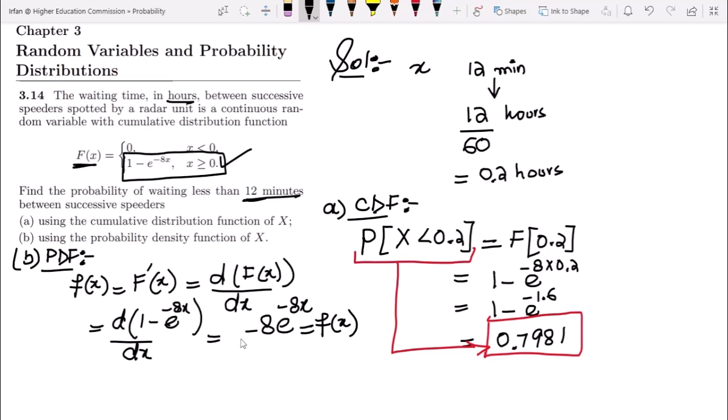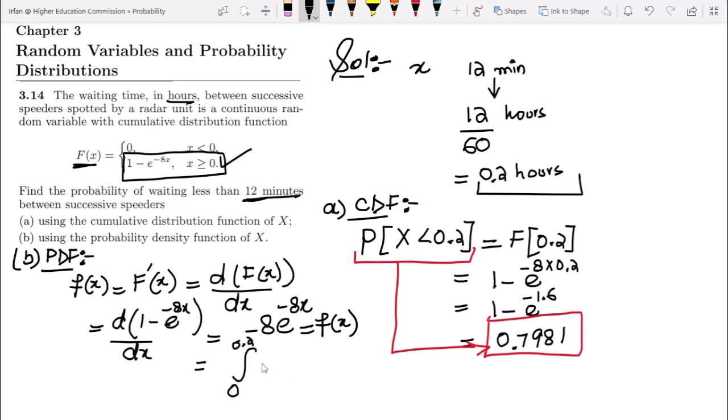Now, in order to find the values of it, I have to integrate it from 0 to the range, which is here 0.2 hours, because my ultimate goal is to find the same quantity by using the PDF, in order to show that all these answers are similar but the methods are different.